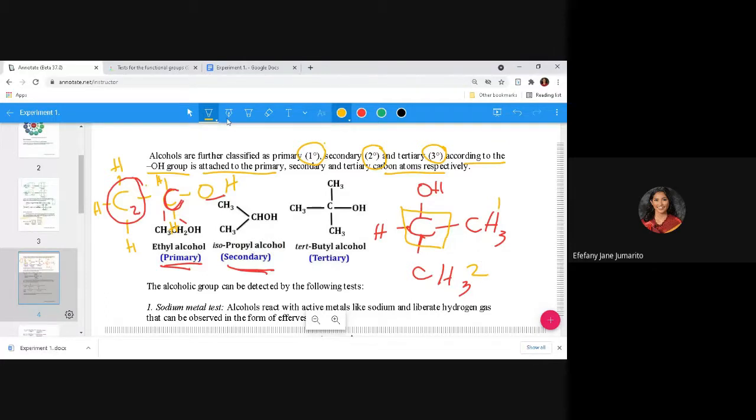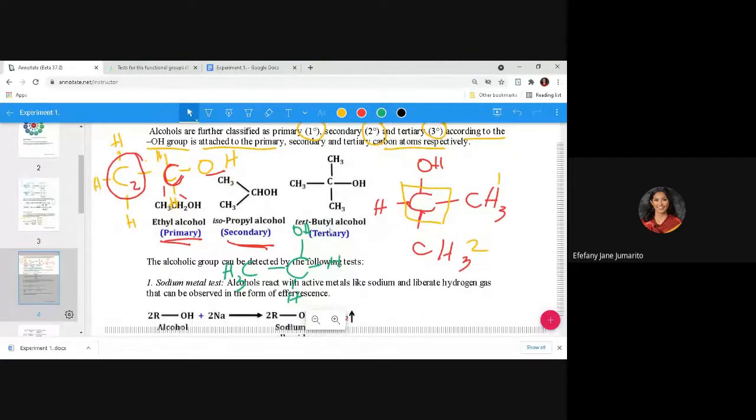Now again, what about this carbon? One. What about this carbon? Is it secondary or primary? What about this alcohol? Is it a primary alcohol or secondary?